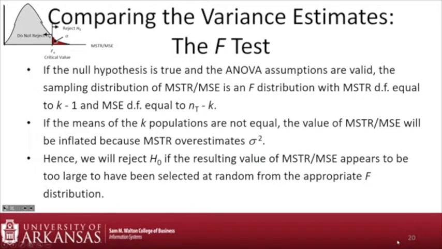The big thing we're looking at is that we're going to reject our null hypothesis if that F statistic that we get is so large that it didn't happen by random chance. It's the same idea that we've had in the past for why we reject our null hypothesis. Now we're just, instead of using a T-distribution, using an F-distribution.